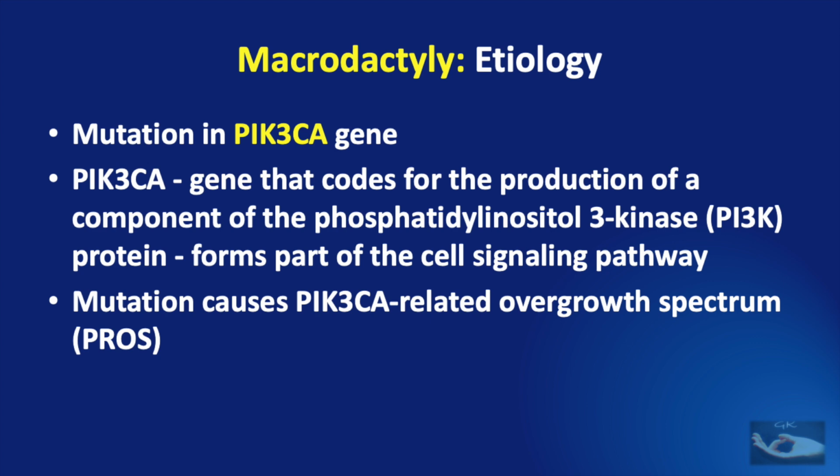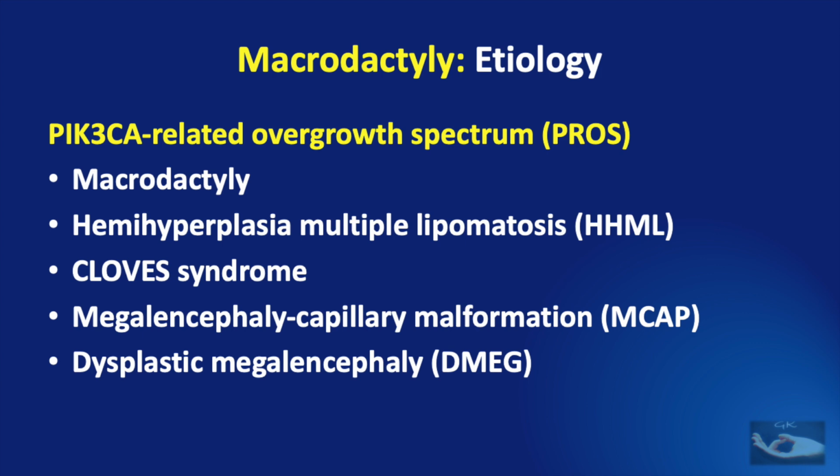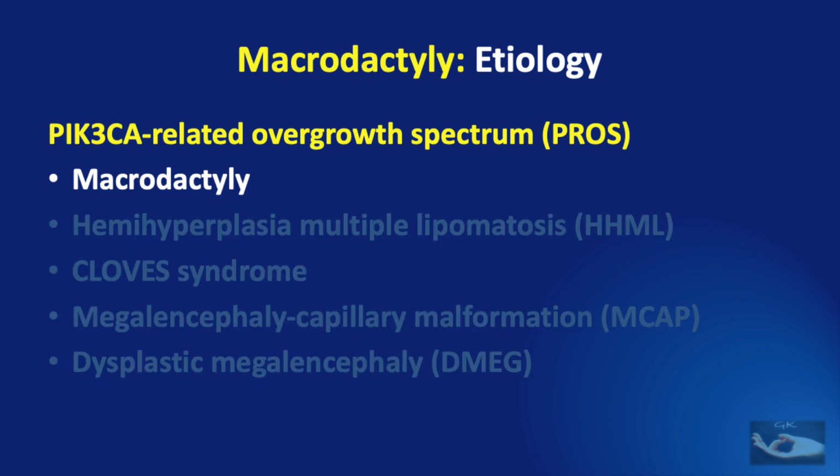A mutation of this gene causes PIK3CA related overgrowth spectrum, otherwise known as the PROS. This PROS encompasses a variety of syndromes like macrodactyly, Clove syndrome, and dysplastic megaloencephaly. So macrodactyly forms a part of this PROS.